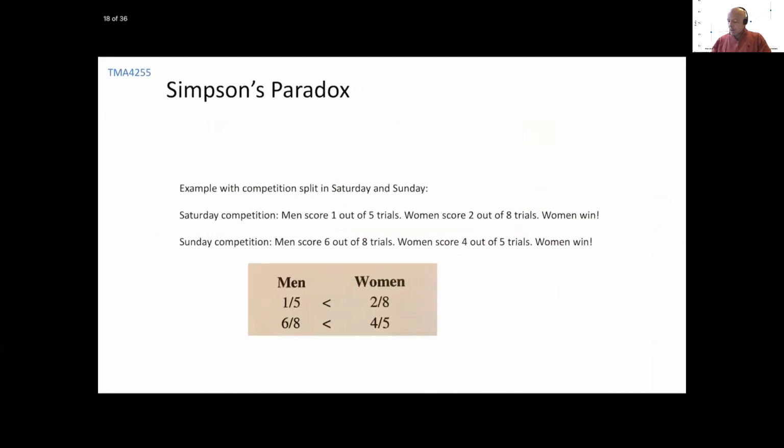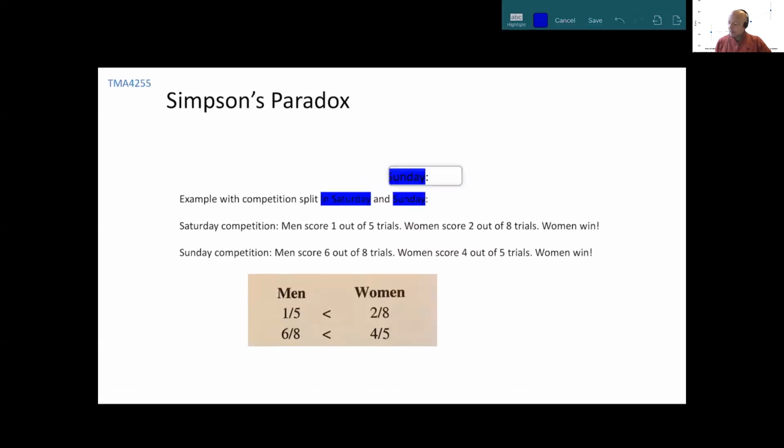And to see this blocking effect, let's look at something called Simpson's paradox, which is somewhat different but still related to this topic. Let's say we have a sports competition, and this is split over 2 days, Saturday and Sunday.